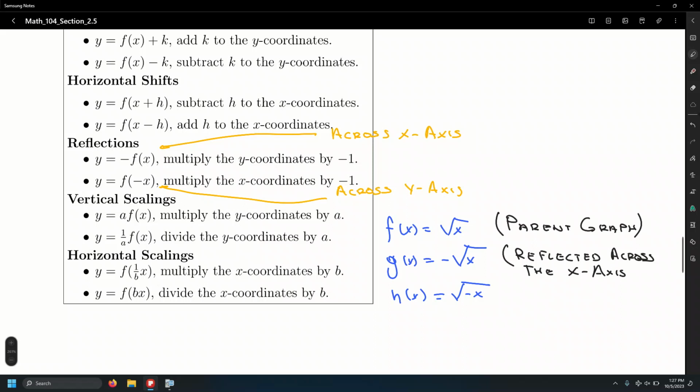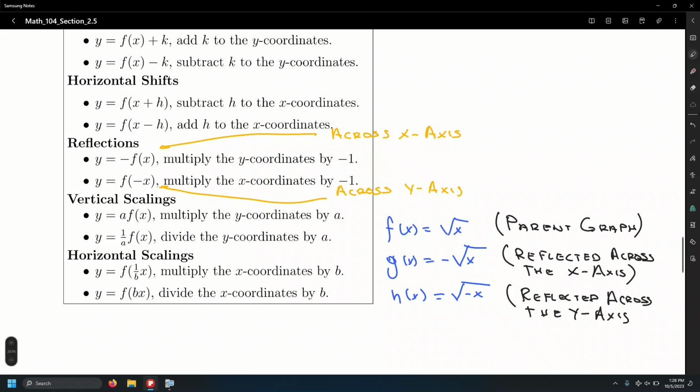That is, it's flipped upside down, in more known mathematical language. And the last one is reflected across the y-axis, right? Let's go to the calculator and type these three functions.